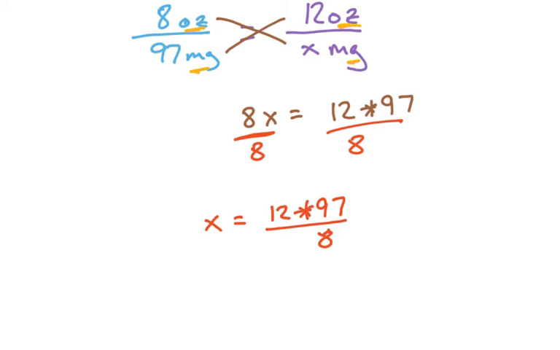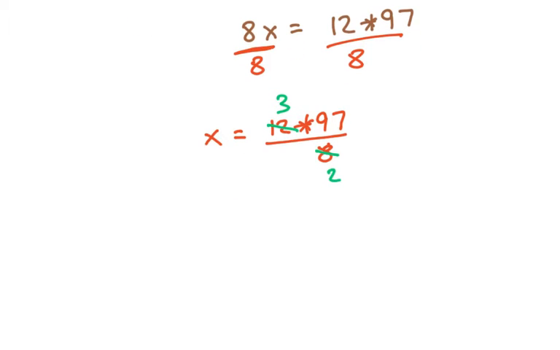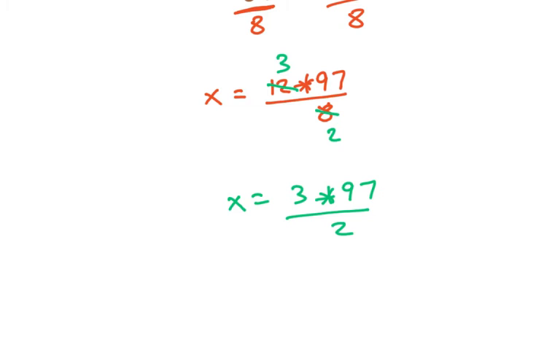So I do know that both 12 and 8 are divisible by 4. So that would leave me with 2 and 3. So I'm left with x equals 3 times 97 over 2. Now, I know that 2 does not go into 97 because 97 is odd, and I know that 2 does not go into 3.